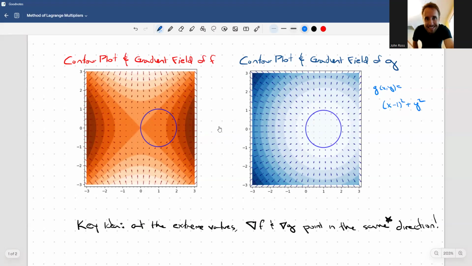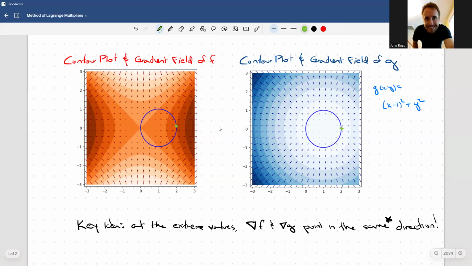And now we're going to notice something really cool and really interesting. If I go back to the point that I am most interested in, and this was my maximum value, the point (2, 0), I'll mark it on both of these pictures.